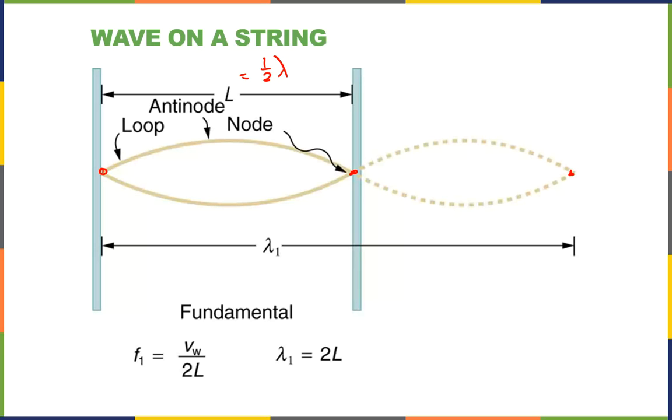And so given that frequency is equal to the speed divided by the wavelength, that's one of the equations we learned on Friday, then since my length is 1/2 wavelength, wavelength is equal to 2L. I substitute that in. And so that's what we call the fundamental frequency that will resonate on my string. It only depends on the speed of the wave on the string and the length of the string.